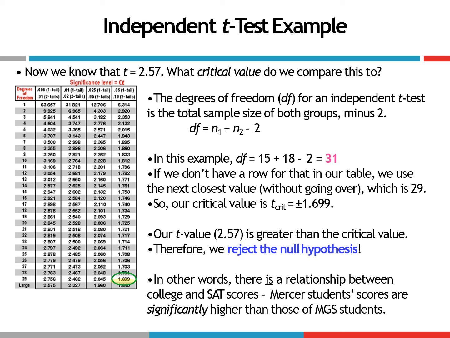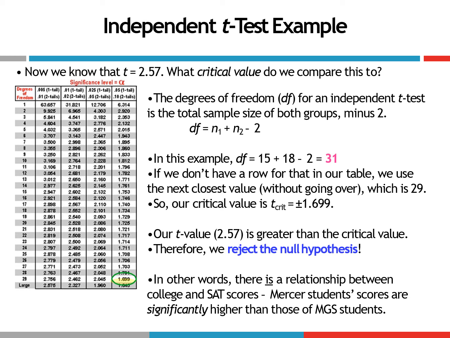Because we have two groups with their own sample sizes, when we calculate the degrees of freedom to find the critical value, we're going to do N1 plus N2 minus 2.